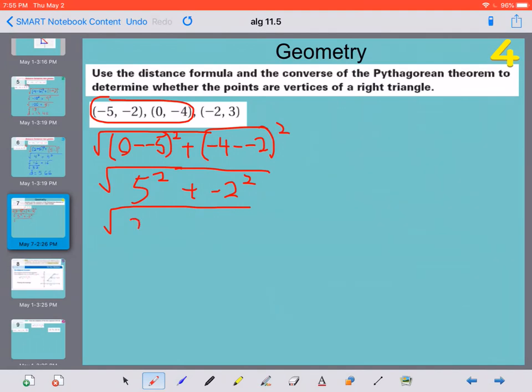So 5 squared is 25, plus 4, the square root of 29. I'm just going to leave it as the square root of 29 for now.